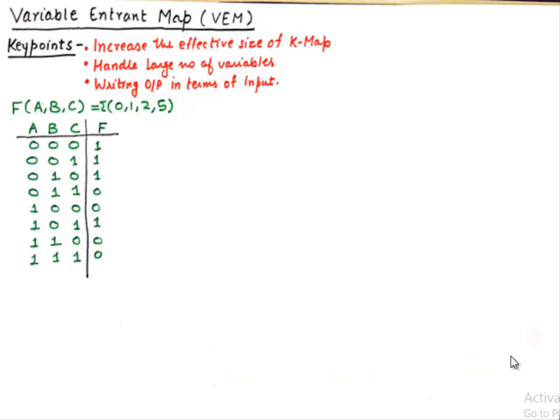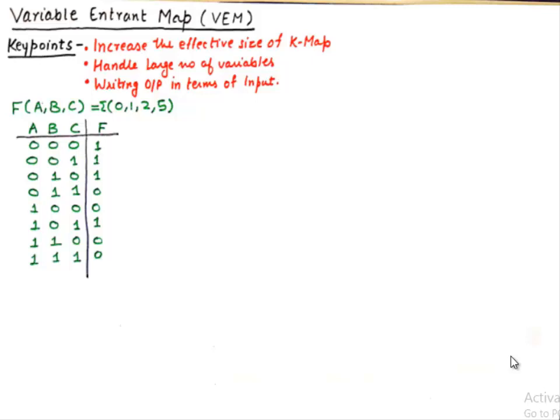Let's take up this example. A function that depends upon ABC has minterms 0, 1, 2 and 5. If we were to solve this function using a normal K-map technique, we would have drawn a K-map of 8 boxes and then would have minimized by pairing ones.